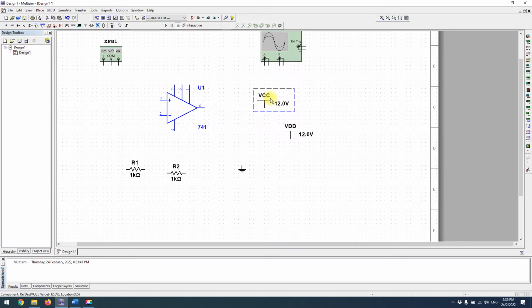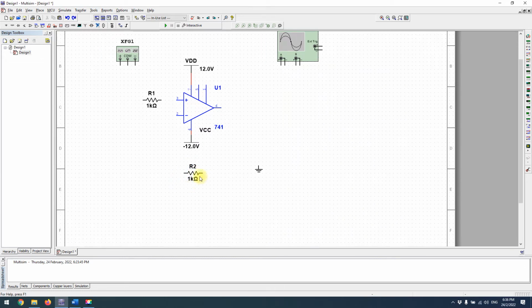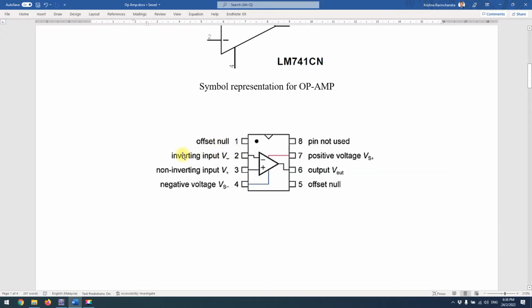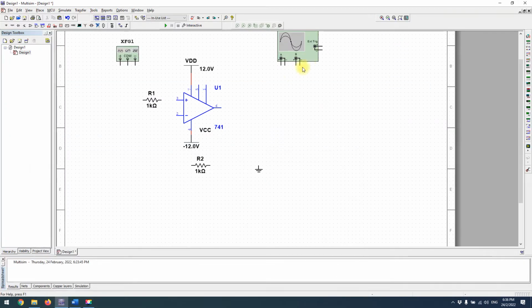So we're going to rotate this, and this is our pin 7 for our positive supply. Okay, then, sorry, pin 2 is inverting, so you're going to connect this to here.